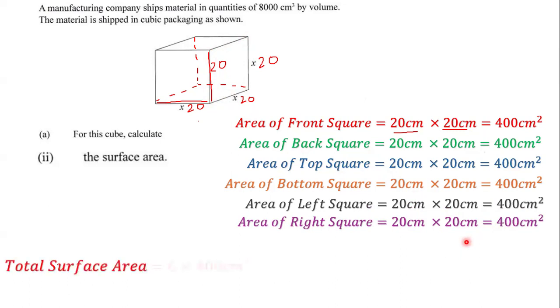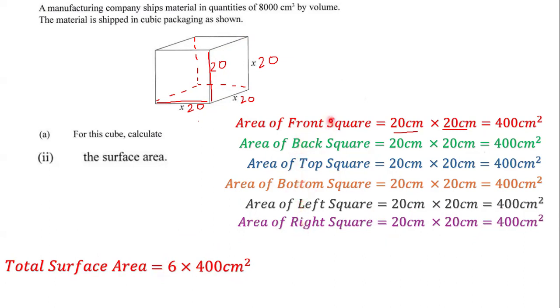That means that the total surface area is going to be 400 centimeters squared multiplied by 6. But why 6? I'm sorry, 6 because there are 6 sides. 1, 2, 3, 4, 5, 6.